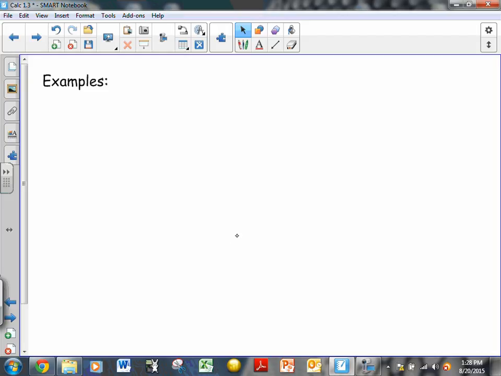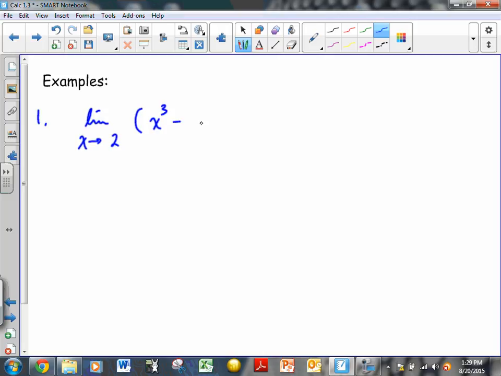So when we're looking for a limit, say we want to find the limit of this function here as x approaches 2. Let's say x cubed minus 3.